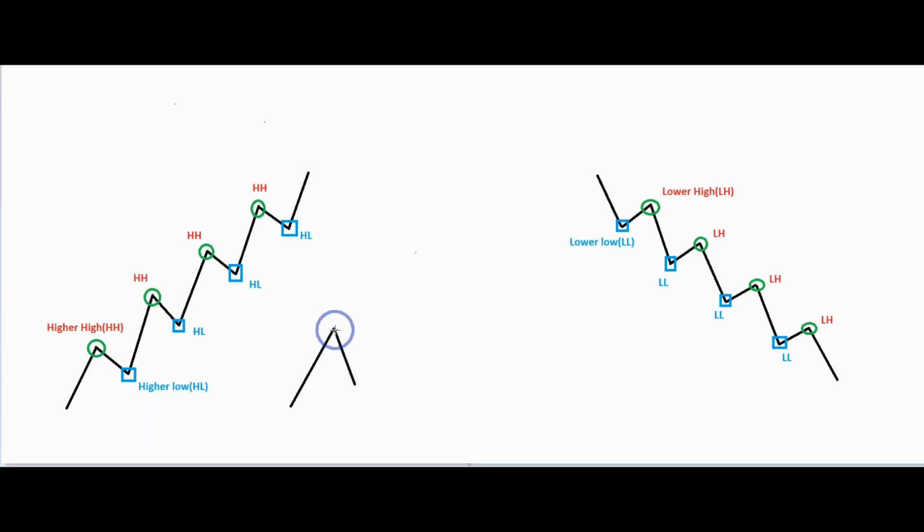A sideways trend, also known as a range-bound trend, occurs when the price fluctuates within a specific range, moving up and down but not breaking out in either direction.